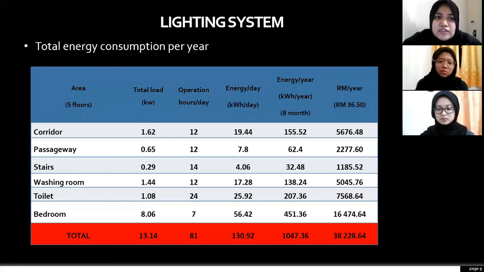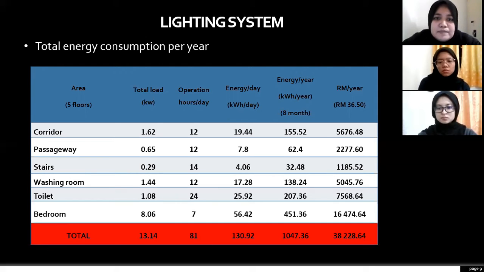Okay, so this is the total energy consumption per year. We assume the total load for corridor, passageway, stairs, washing room, toilet, and bedroom is 13.14 kilowatt. And the operation hour, as shown in the table, the total is 81 hours.